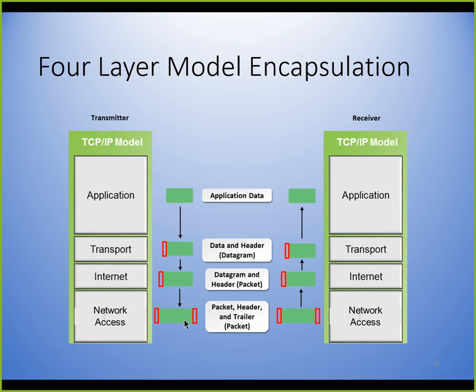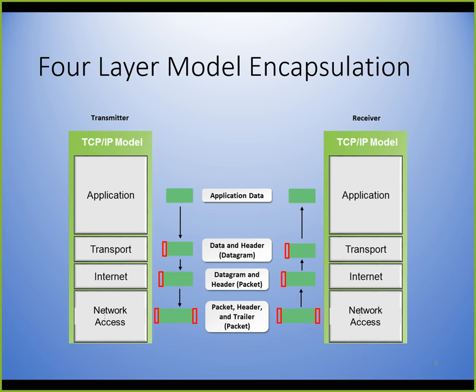Another view, the 4-layer model: application data, and then the little red boxes represent the header information that we saw in the Wireshark scan. At the network access, the data link layer, you don't see everything. It's got a start of frame, and then at the end it's got a CRC, a cyclical redundancy check, to be sure that nothing got damaged or changed en route.